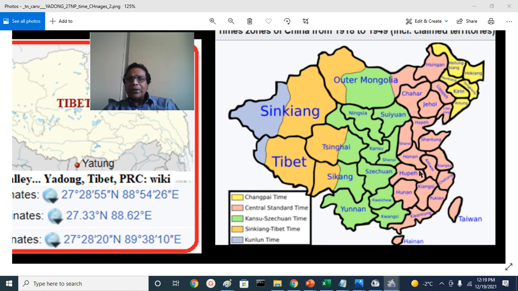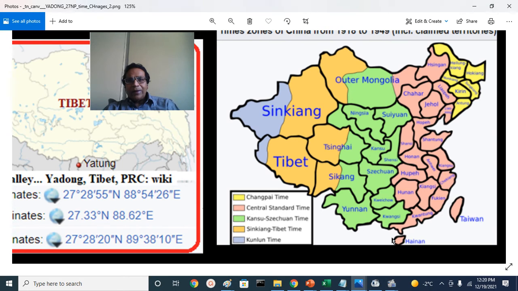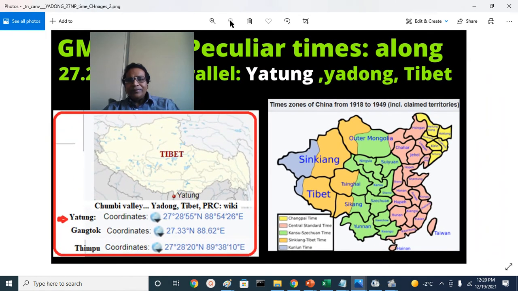These are the historic regions. Eastern part, Chinese Plains. This is the Standard, Beijing, Nanking, and all those historic cities reside here. And the eastern part is the Manchurian time zone. This is Taiwan or Formosa Island, and this is Hainan Island close to Vietnam. So it used to have 5 time zones. Now it has only 1 time zone. And Chumbi Valley will be somewhere here.